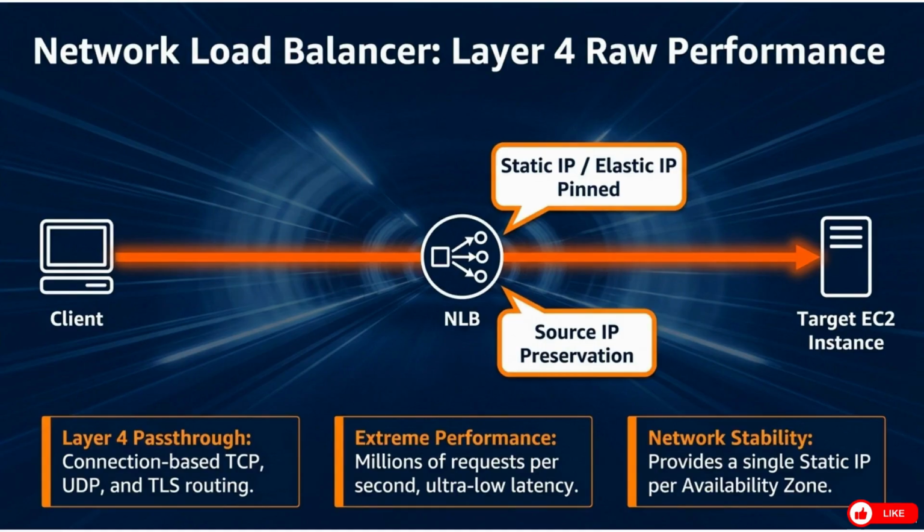It also supports TCP, UDP, TLS. One major advantage is support for static IP addresses. This becomes important when external systems require whitelisted IPs. Examples include financial systems, trading platforms, banking applications, real-time gaming systems. When speed matters most, NLB is usually the preferred choice.